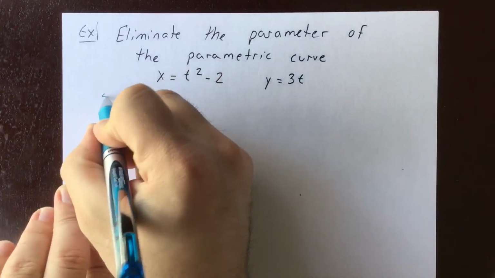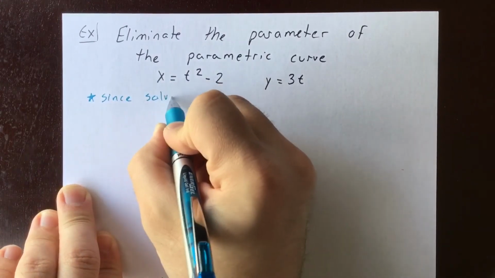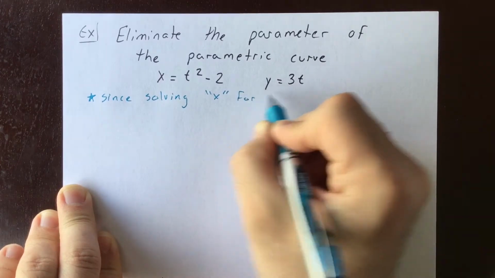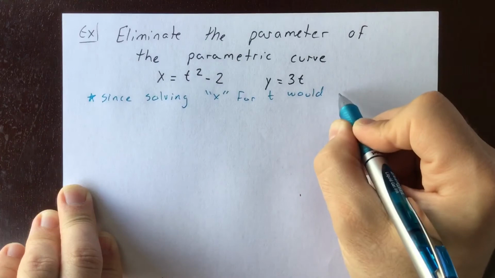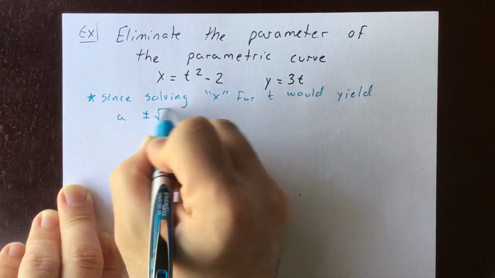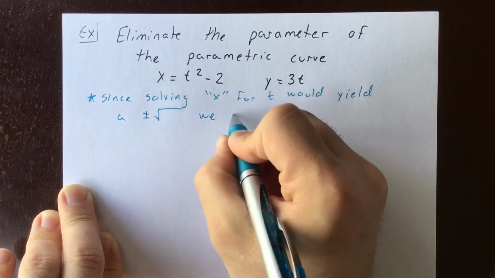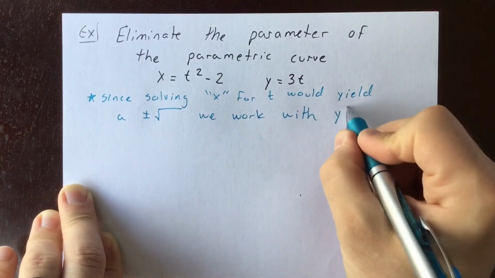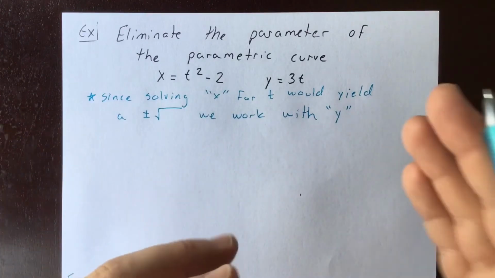So this is important: since solving x for t would yield a positive negative square root at the end, we are going to work with y. So rather than rearranging x, we're going to rearrange y.